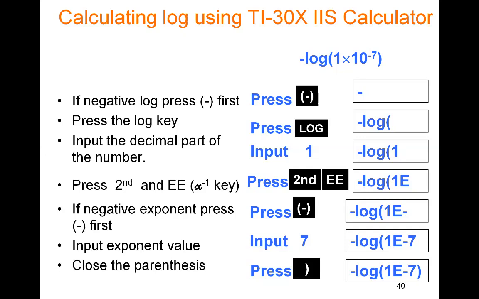This opens parentheses. Then you need to enter the concentration, and in this case it's 1, second, EE key, which is in this calculator the x to the power of -1, then -7, close parentheses, enter.